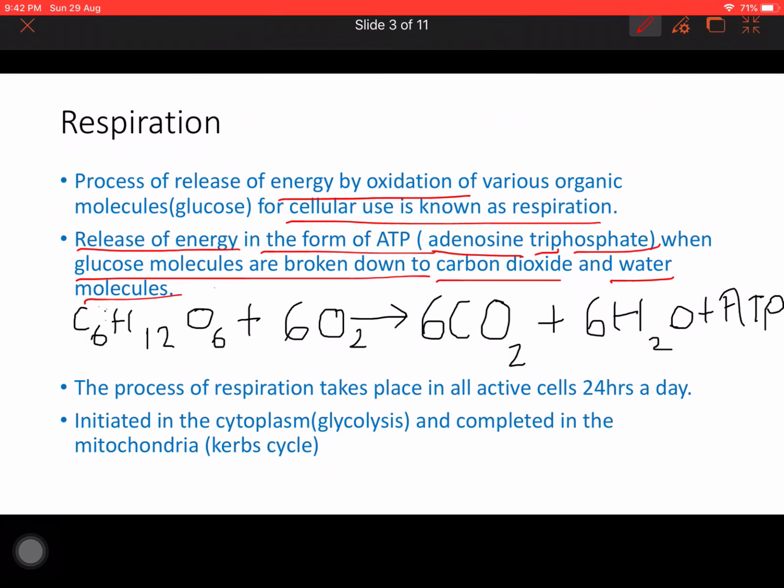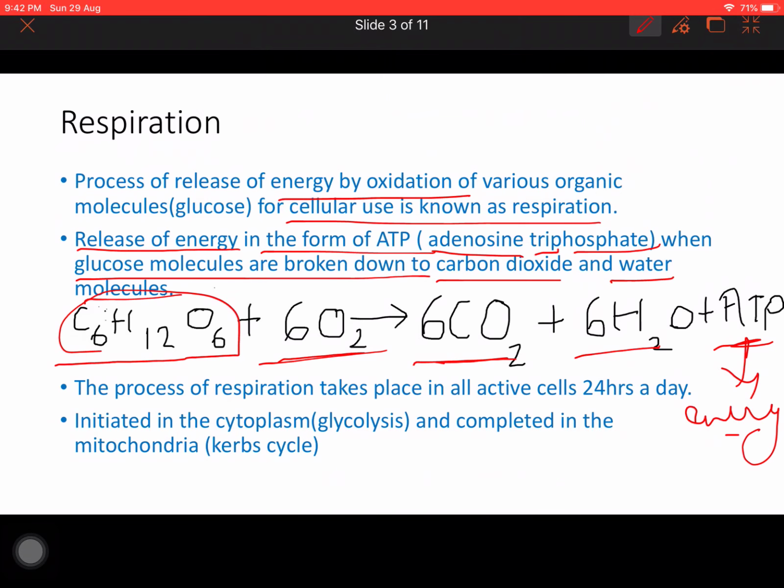The reaction happens in this way: C6H12O6, that is glucose, combines with 6 molecules of oxygen, and as a result it gives out carbon dioxide, water and energy or ATP. So this adenosine triphosphate is the ultimate energy produced by this process.